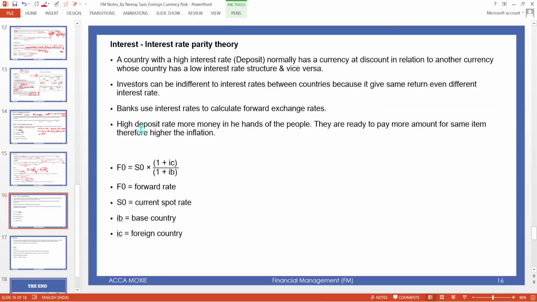Okay, next is the interest rate parity. A country with a high interest rate, which means the banks are giving a high interest rate on deposits, means a higher supply of home currency in the hands of domestic consumers.